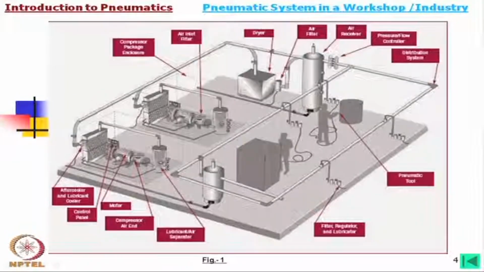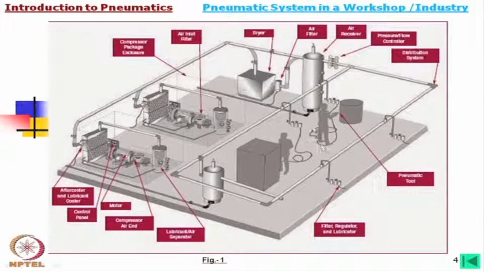And then it is also shown here, say these are the two work points, but usually there will be many work points. Now, these tools are called pneumatic tools, and here this is the regulator. Filter and lubricator are used at different points.